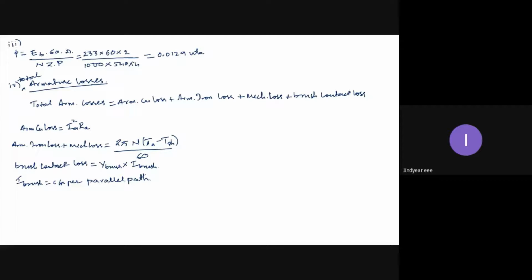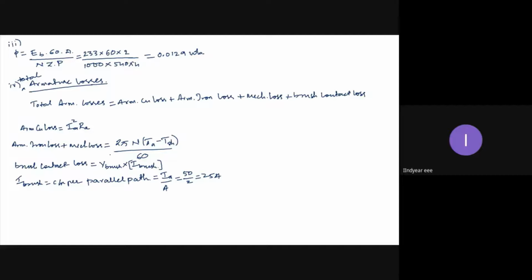The entire armature is connected in wave shape. So how many parallel paths do I have? 2. So this is equal to Ia by 2, or generally Ia by A. So this is 50 by 2, which is 25 amperes. Okay, so you should be careful while calculating I brush, current per brush.